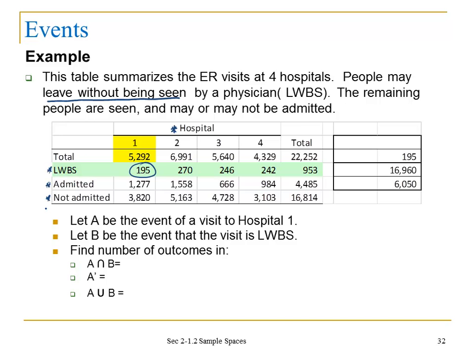So for hospital 1, the number of visits is listed here. This is the information for hospital 1. And B is the event that the visit is a leave without being seen. So the information for that is listed in this row.